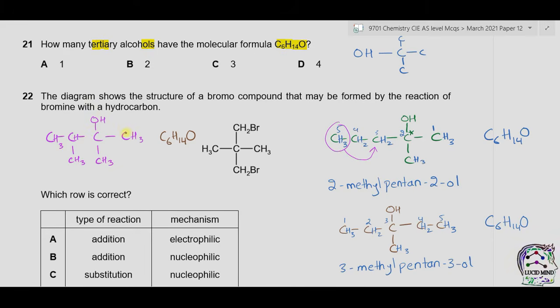OH functional group is nearer to this carbon, so it will be 4 carbon chain. Now the name is 2,3-dimethyl. Then we have long chain of 4 carbon, so it is butane. And on second carbon we have alcohol, it is 2-ol. These 3 are the only possible structures for tertiary alcohol, so therefore answer is C.